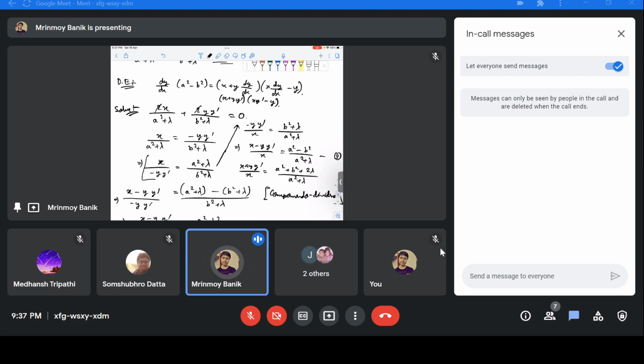So we know x by y dashed is a squared plus lambda by b squared plus lambda, and we need to find x plus y dashed.